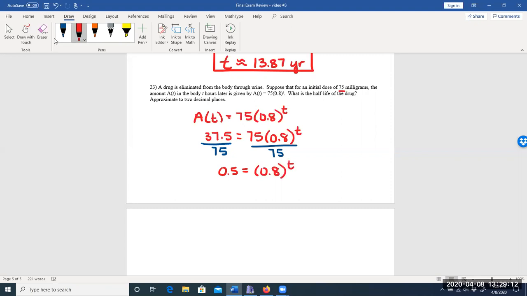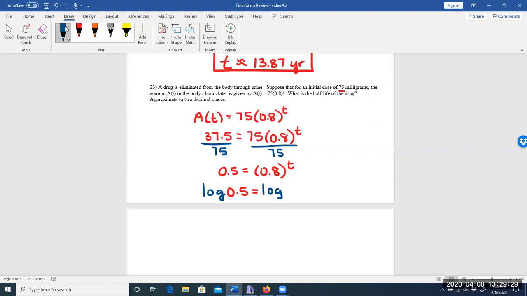Okay, then I'm going to take log of both sides. You can pick log base 10 or the natural log. It is totally up to you. Okay, I guess I'll go back to log base 10. It really does not matter.